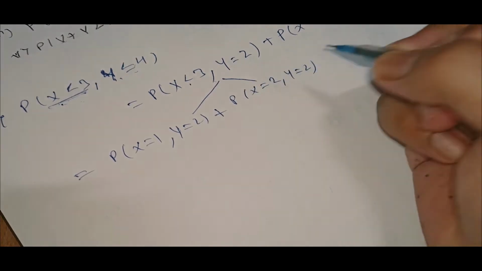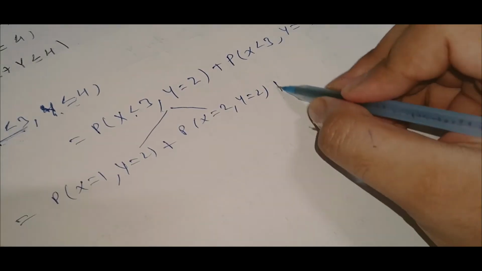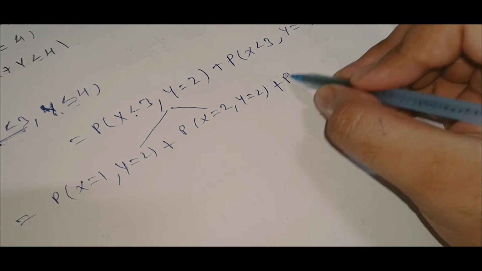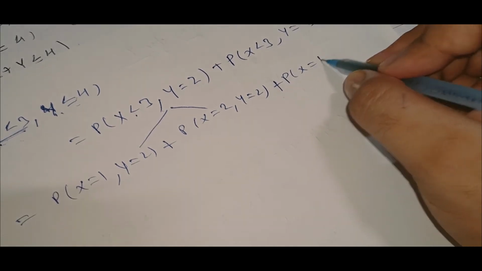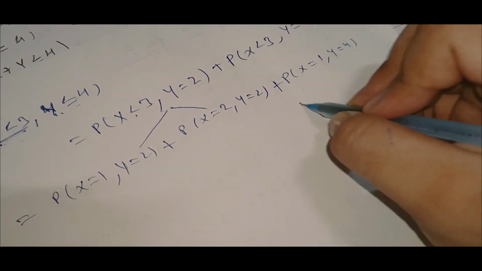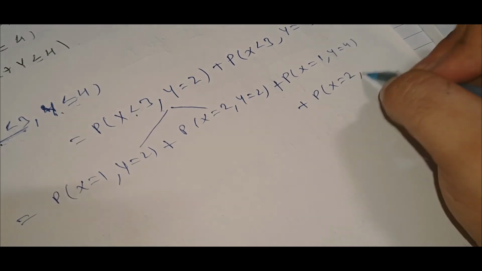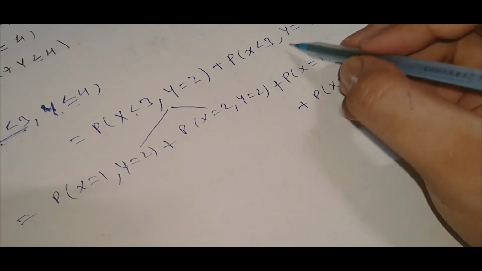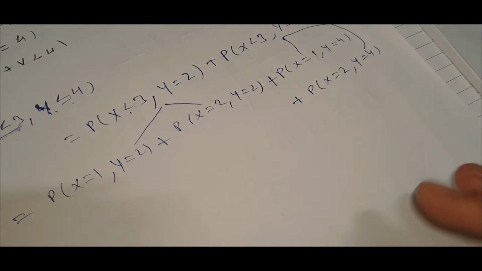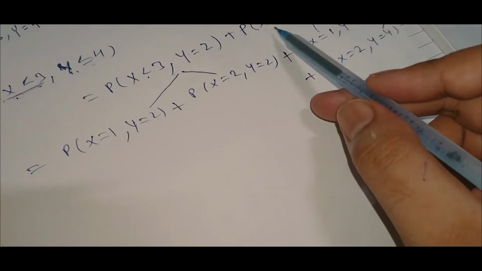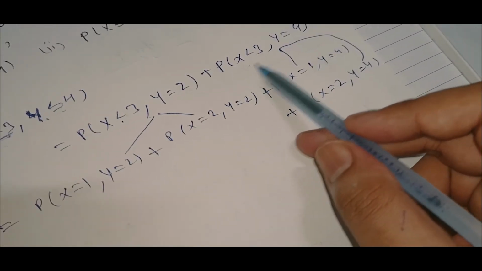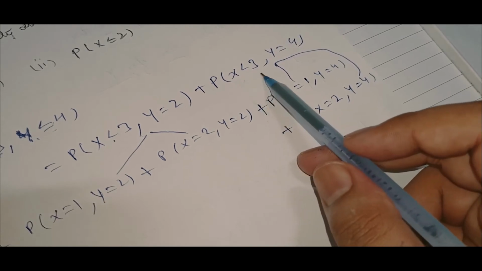This can be divided into these two parts. Then plus, how can this be divided? P(x equals 1, y equals 4) plus P(x equals 2, y equals 4). This is divided into these two parts, because we wrote the range for x less than 3.